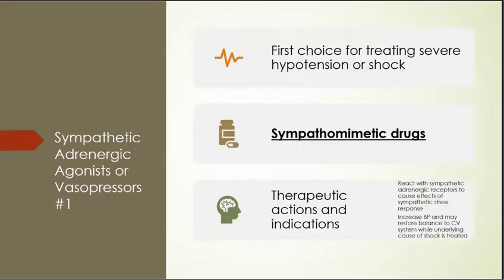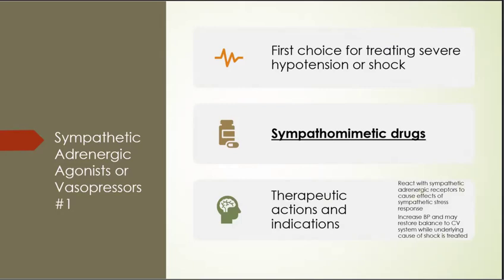So vasopressors, these medications are often the first choice for treatment of severe hypotension and shock, when blood pressure is dangerously low. Vasopressors are called sympathomimetic drugs because they mimic the effects of the body's sympathetic nervous system. They work by stimulating adrenergic receptors.